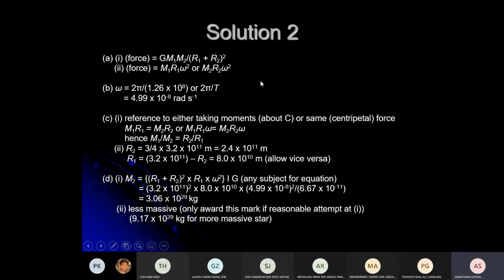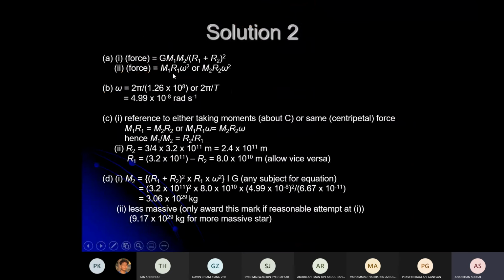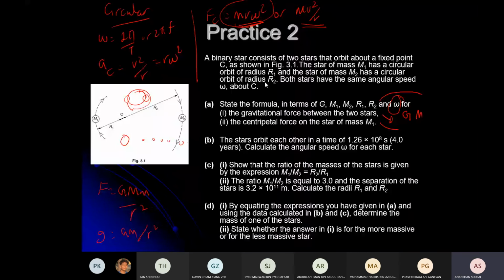They want only M1, right? That's the centripetal force for M1: its own mass, the radius it makes in a circular path, and its angular velocity squared.